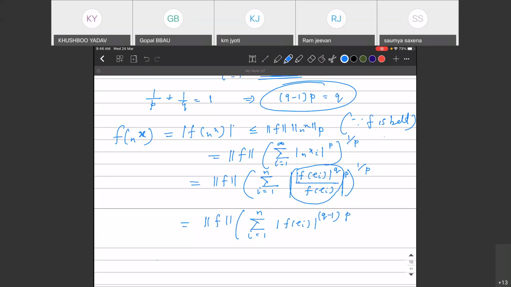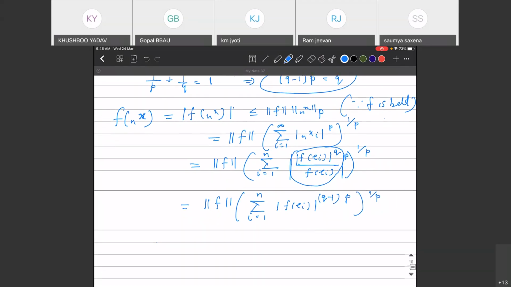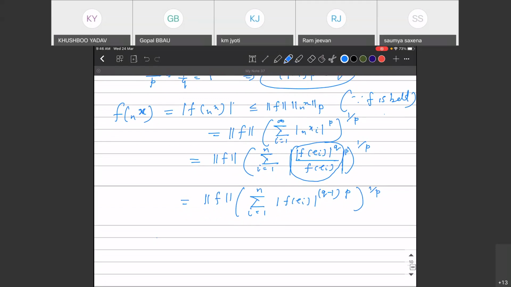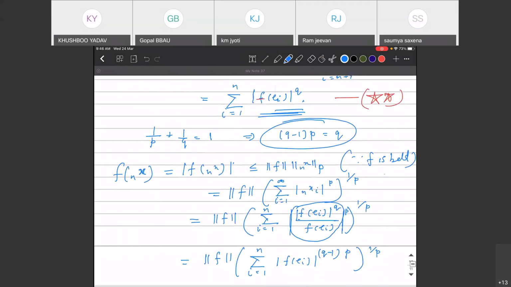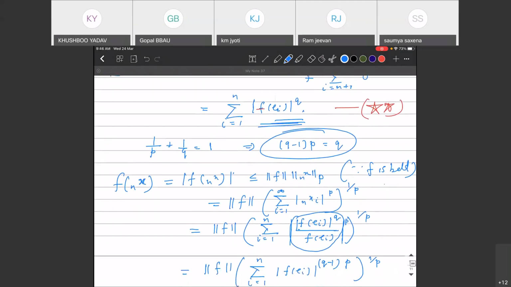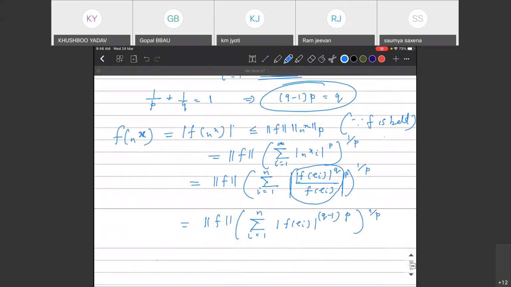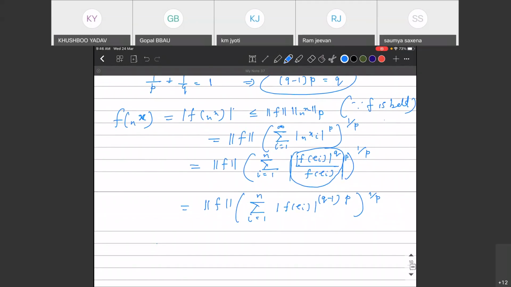And then there is a power 1 by p. You know (q minus 1) into p equal to q, so I'll replace it by q.